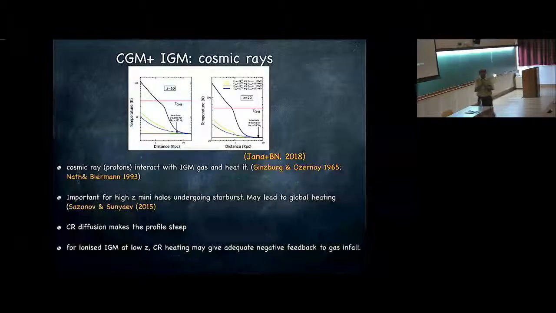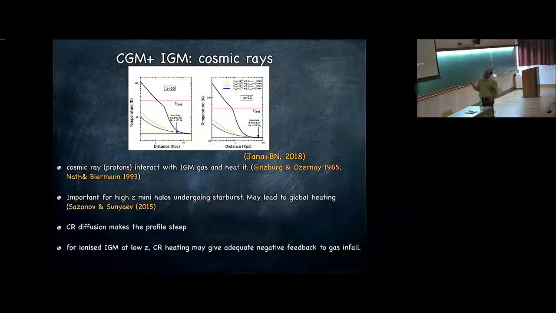Another interesting physical effect in the CGM-IGM interface could be because of cosmic rays. It's been known for some time that cosmic ray protons can heat up IGM gas, and recently it has been shown that it can be important for high redshift mini halos undergoing starburst, and it may lead to global heating, which may have implications for 21 centimeter observations.